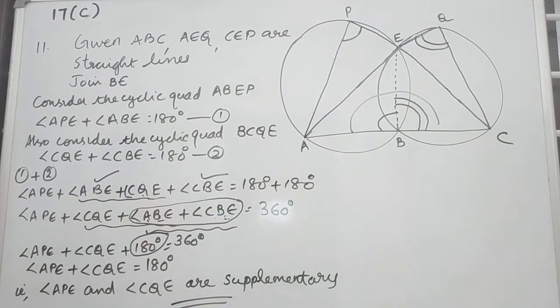So angle APE plus angle CQE are supplementary. We got 180 degree, so we can directly say that it is supplementary.